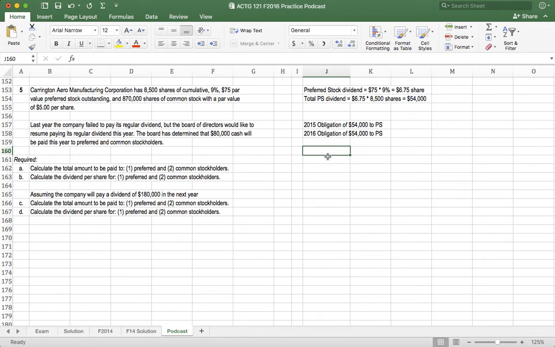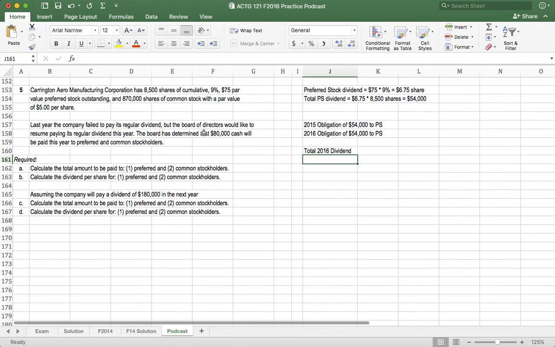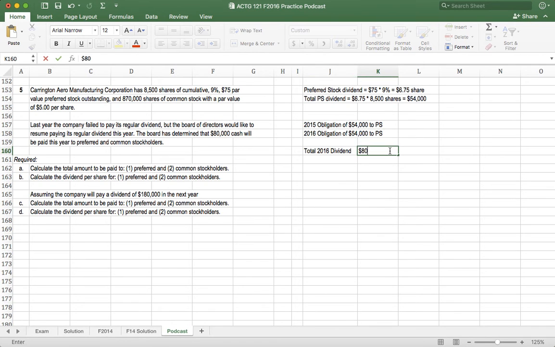So in 2016, the total dividend is going to be $80,000, and I've got that from right here. The board has determined that $80,000 cash will be paid this year. So we have $80,000 that the board has decided to pay. The first thing coming out of this $80,000 is the obligation of 2015.